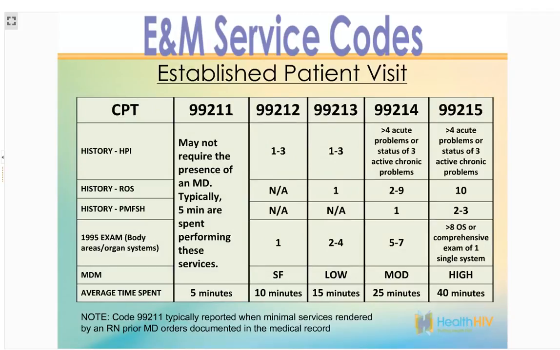The same applies with the established patient visit codes. Here are the elements that are used in reviewing the documentation to determine the history levels. This one describes a 1995 body area or organ system exam.